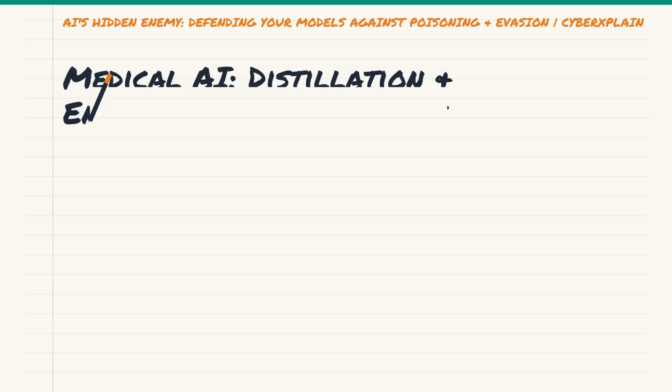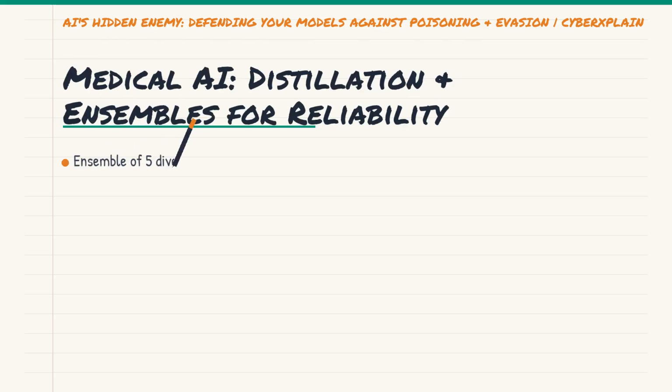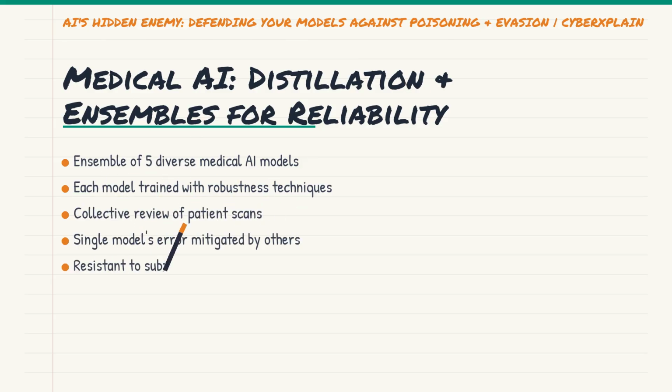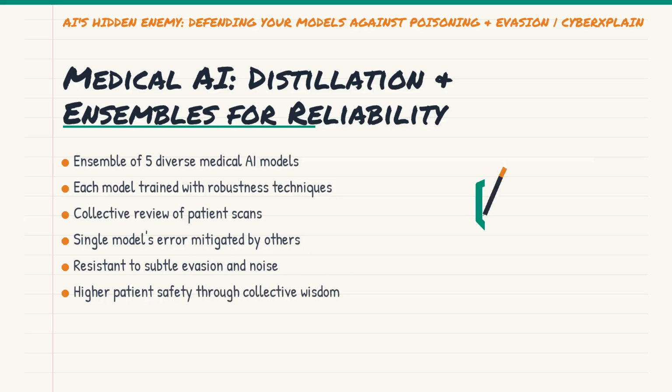For our medical AI, combining these methods offers powerful protection. Imagine a diagnostic AI where an ensemble of 5 different models, each potentially trained with some adversarial examples and then further refined via distillation, review a single patient's scan.